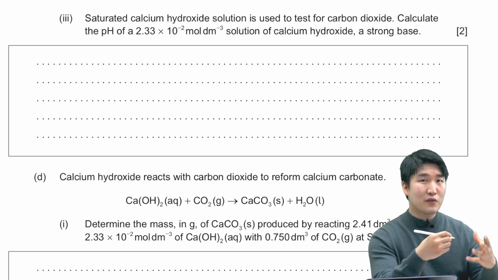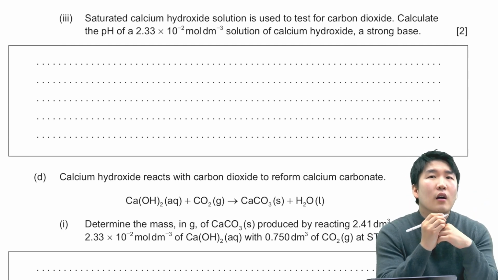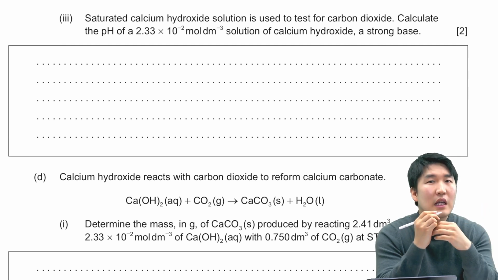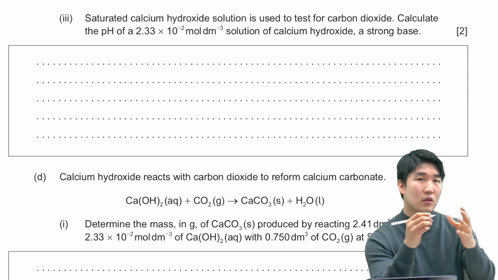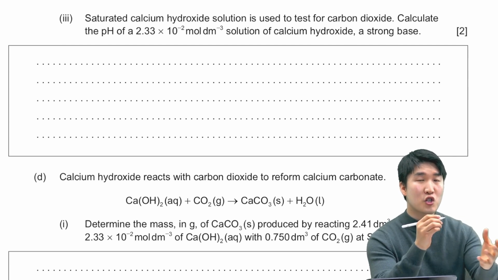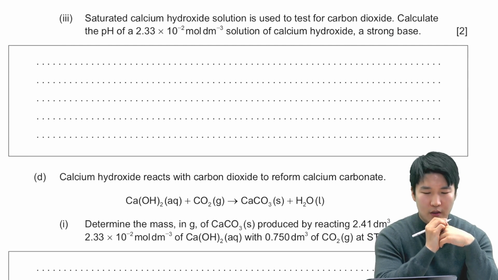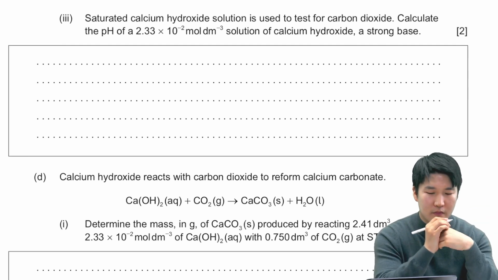Calcium hydroxide produced will have a pH. And we are asked to calculate the pH if the solution has a specific concentration. The concentration being 2.33 times 10 to minus 2. To calculate the pH, we will need H plus concentration.